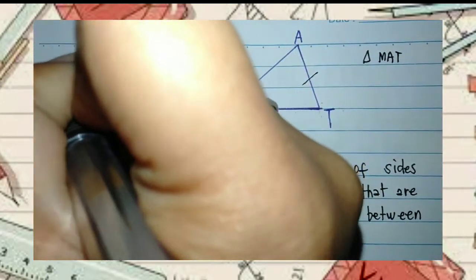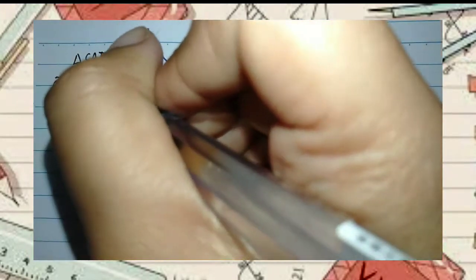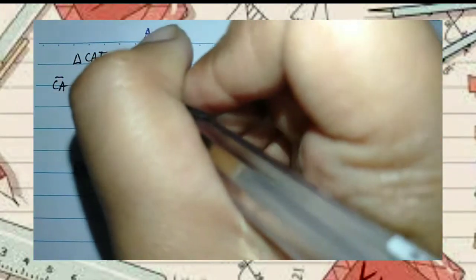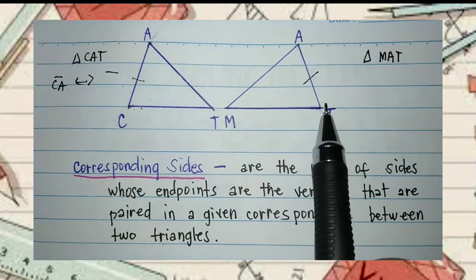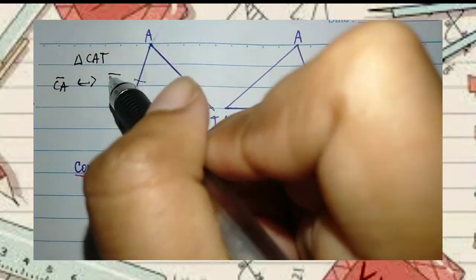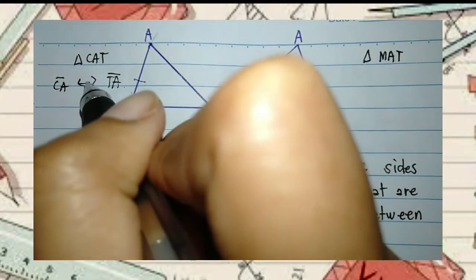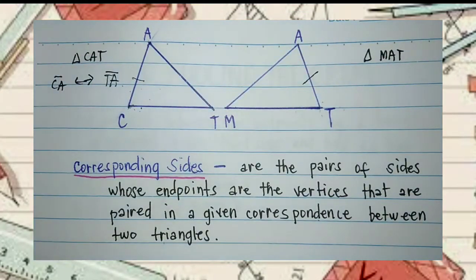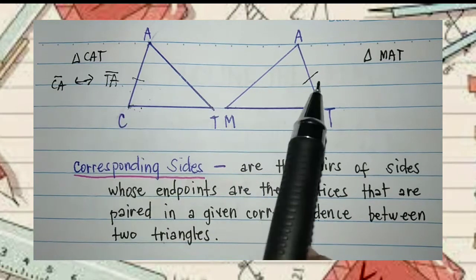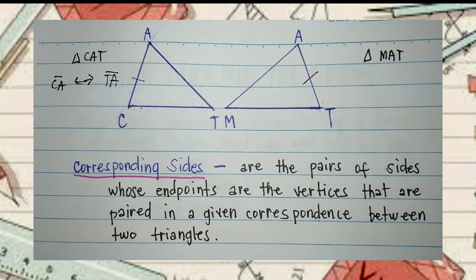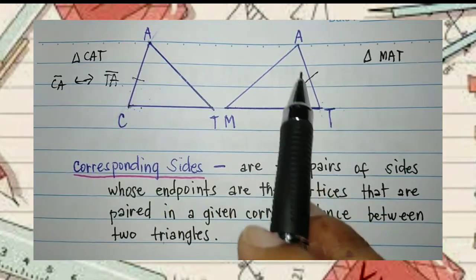We have segment CA corresponds to segment TA. Ganun lamang kasimple. Titingnan nyo lang yung mga vertex nila kung saan mo ba sila mai-pair. And, syempre, dahil sila ay correspond with each other, meaning to say they are congruent. Kung ano yung measurement ng side na to, ganun din yung measurement ng side na to.